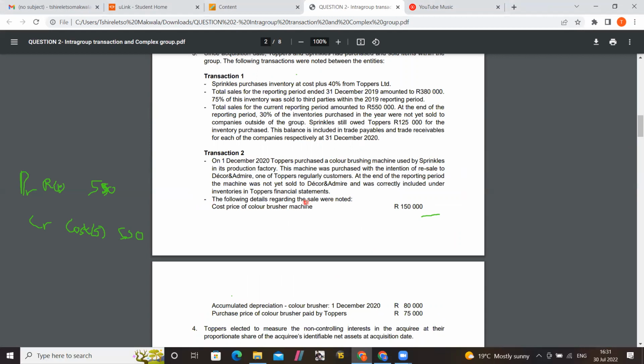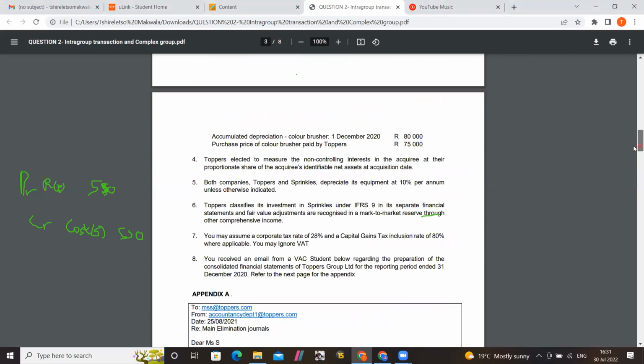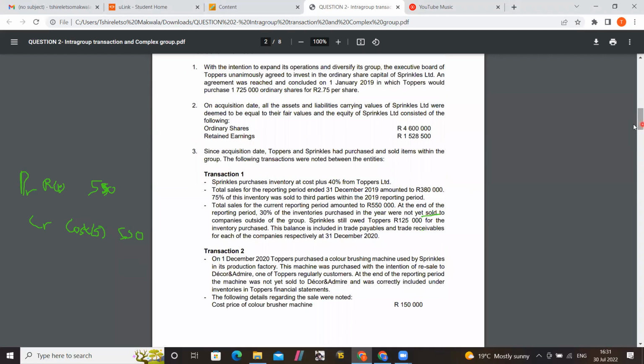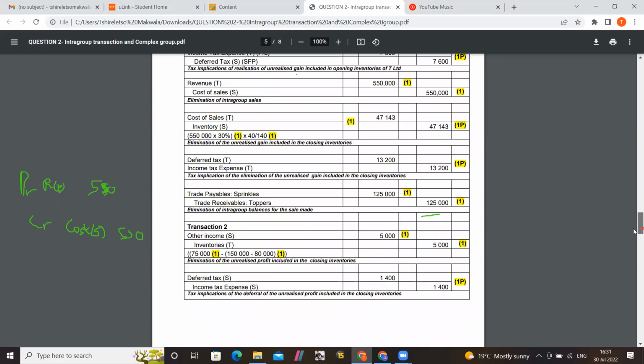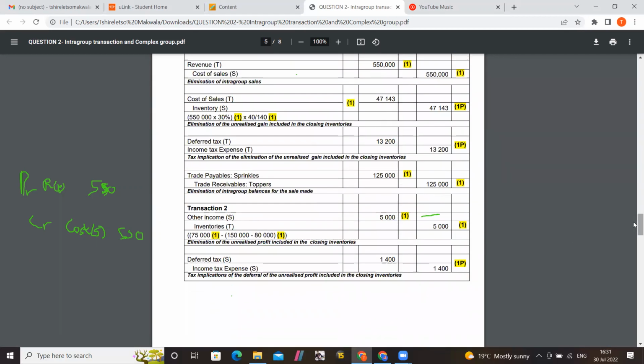You credited profit on sale of asset, and the asset itself is worth more. So what's going to happen is you firstly eliminate that profit: you debit profit on sale of asset 5,000, and then you credit the machine, the asset. So that's the first elimination journal entry, like they did here.